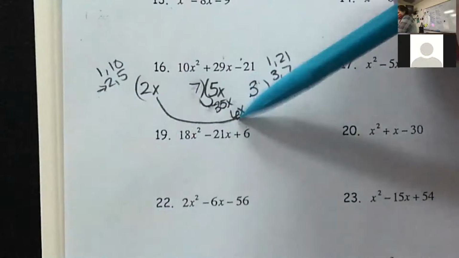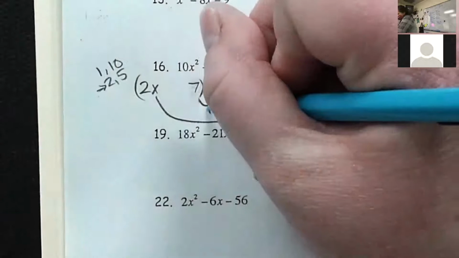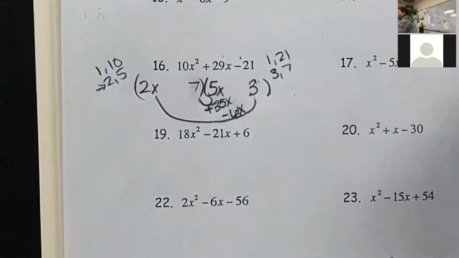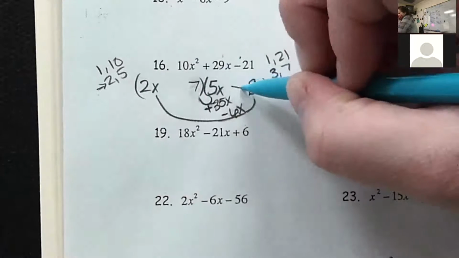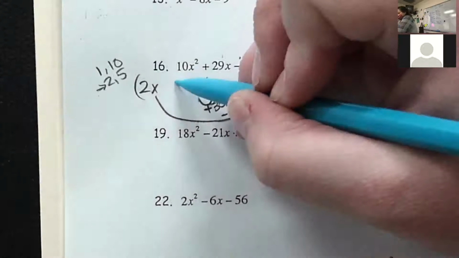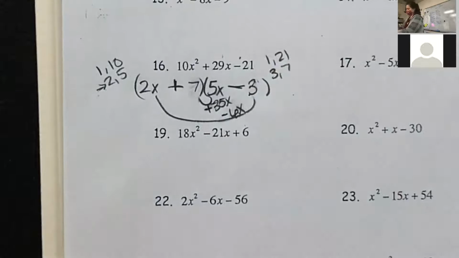Do those subtract to get you 29? Yeah. If the 35 is positive and the 6 is negative, right? Because you need one of each. Well, in order to make this 6 negative, that's that 2 times 3. So the sign goes right here. To make that 35 positive, the sign would have to be right here. So we got it on our second try. That's pretty dang good.